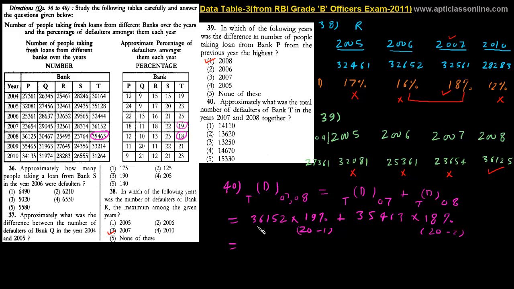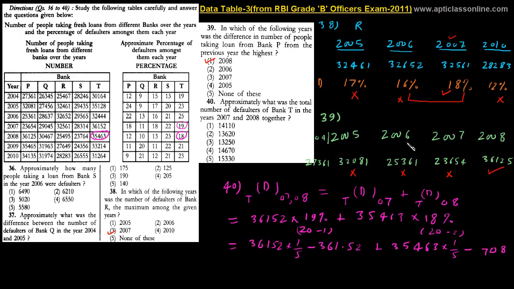So 36152 into 1/5, that is 20%, minus 1% of this value, which is 361.52, plus 35463 into 1/5 minus 2%, that is 354 into 2: 2 4s are 8, 2 5s are 10, 0, 2 3s are 6 plus 1, that is 7.